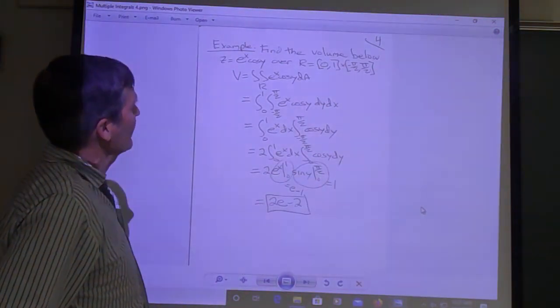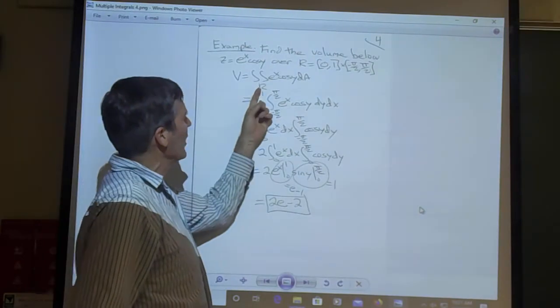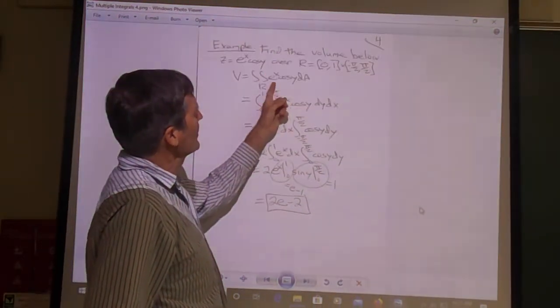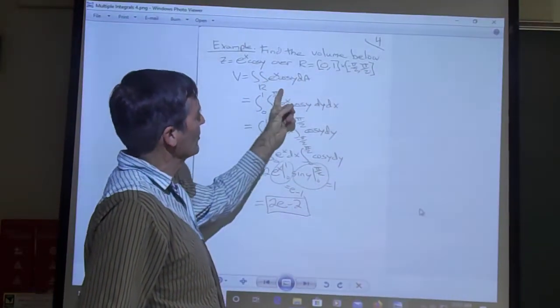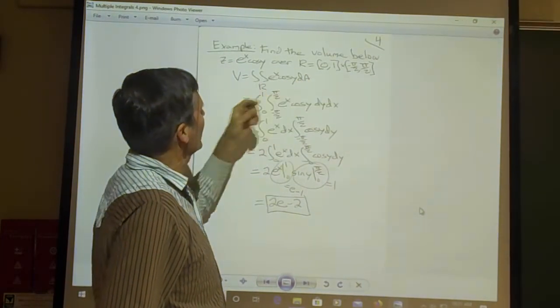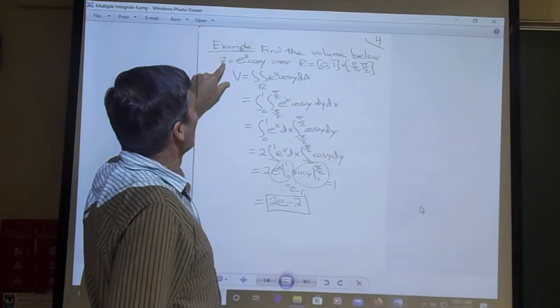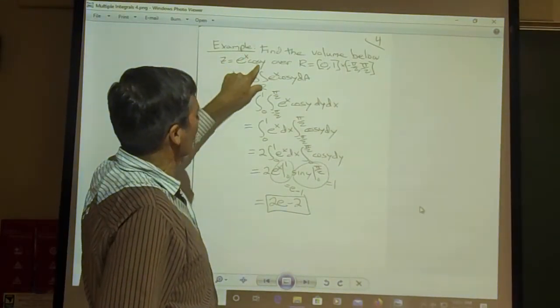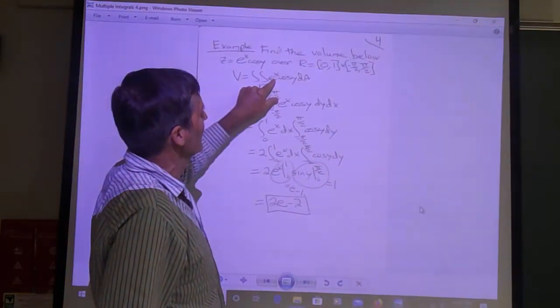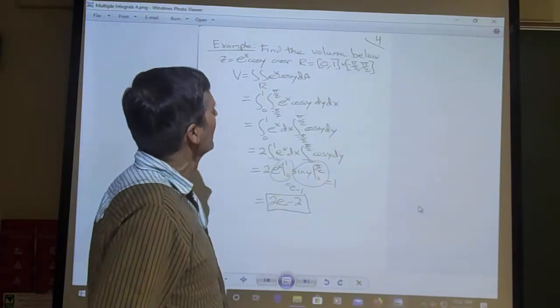I can find the exact volume with a double integral. I simply write double integral of the function that I want the volume below, dA, and this is the notation that we use. If we want the volume below z equals e to the x cosine y, we just put double integral e to the x cosine y, dA.